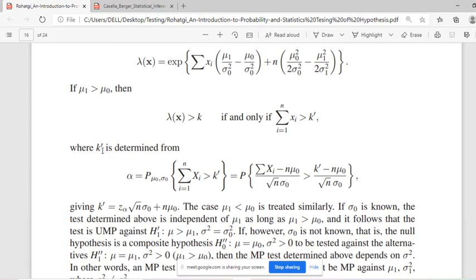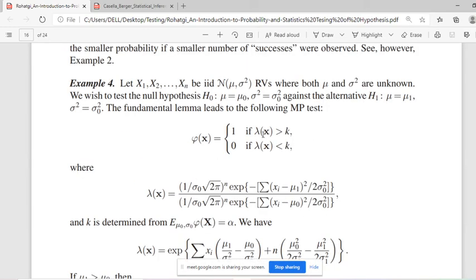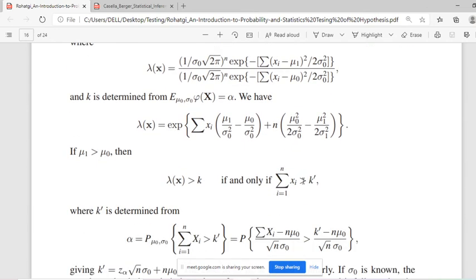expectation of phi of x, that is alpha, is equal to 1 into probability of summation x greater than k dash. Instead of lambda x greater than k, we can write summation x greater than k dash. So 1 into probability of this one plus 0 into probability of this is less than k dash, so that we can avoid.